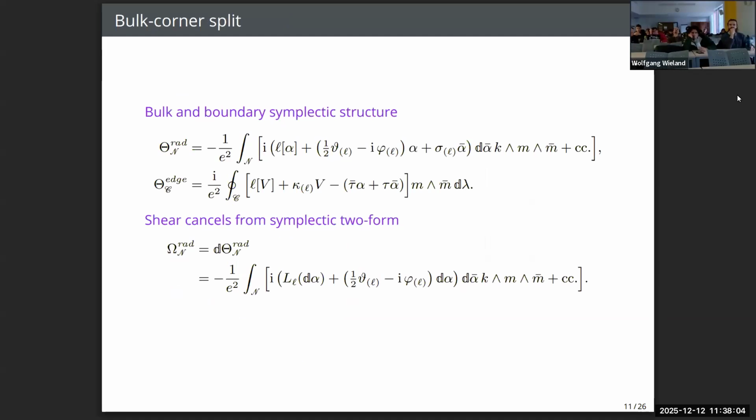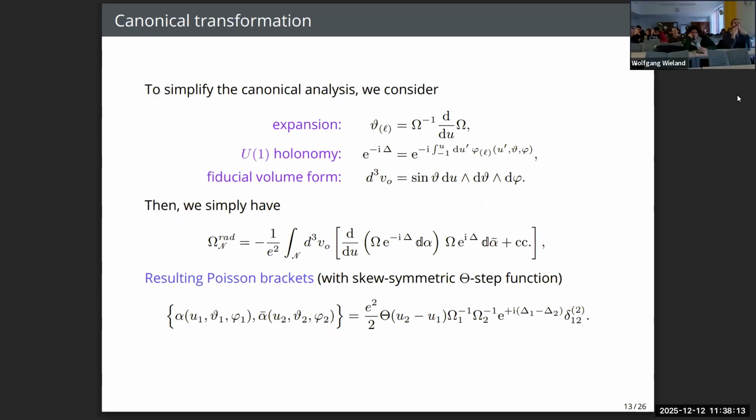And now we can simplify this expression for the symplectic 2-form. L_l is the derivative along the null direction, just an ordinary partial derivative of this dressed expression, where we dress the component of the vector potential by this U1 holonomy and the conformal factor. And now, remember we work in a fixed spacetime, so omega and this U1 holonomy are just fixed, so we can pull them into this exterior derivative by just performing a change of variables.